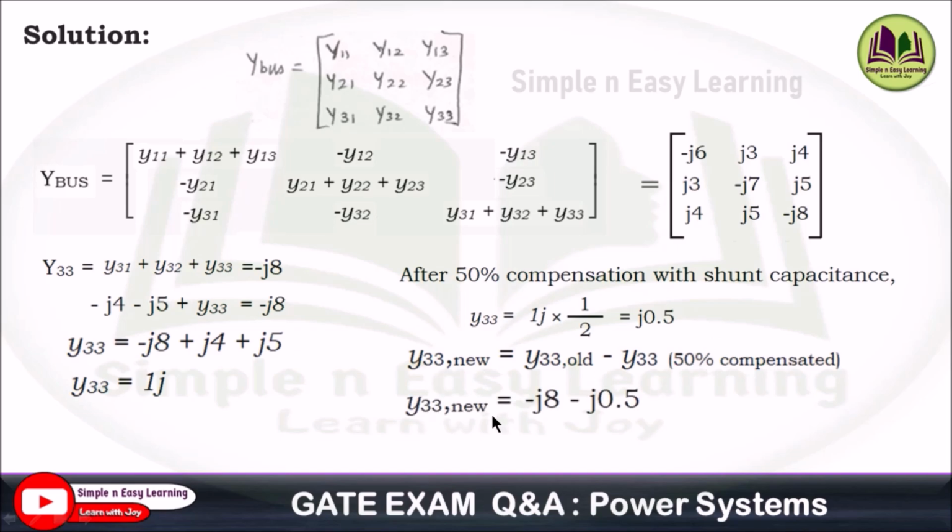So y33 new equals the old value, the given value minus j8, minus this j0.5. That gives you y33 new equal to minus j8.5. So the correct option is B, minus j8.5.